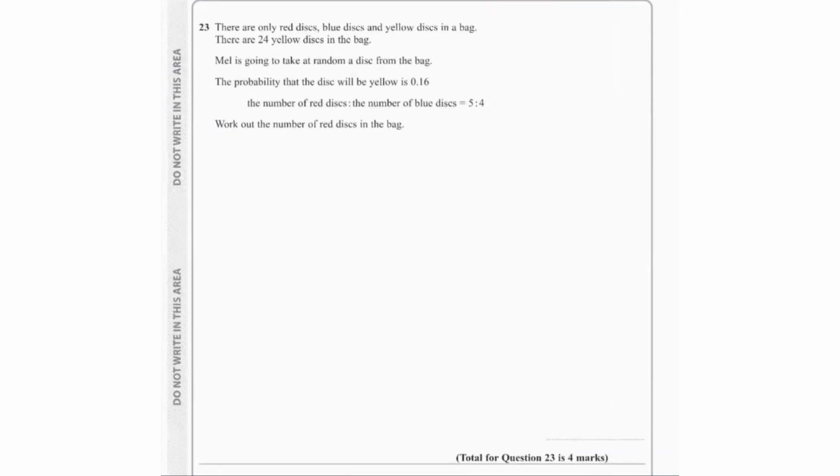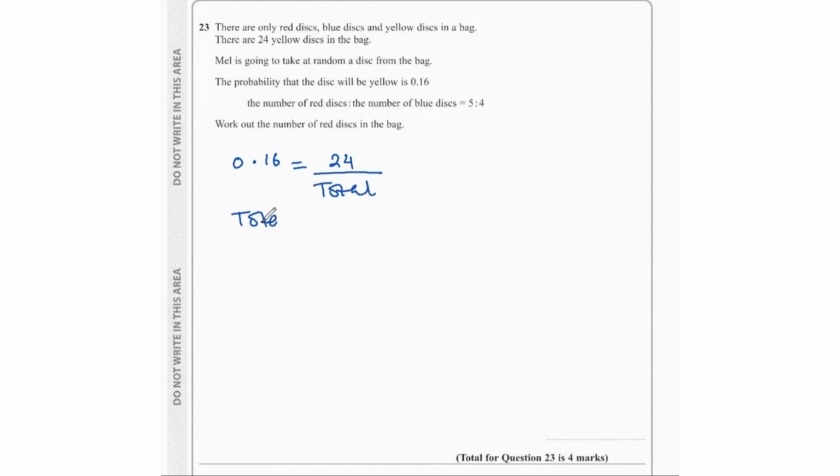So what we're going to do over here is that we know that the probability of the yellow disc is 0.16. So 0.16 equals the number of yellow discs divided by the total. So that's going to be 24, which is the number of yellow discs, divided by the total.